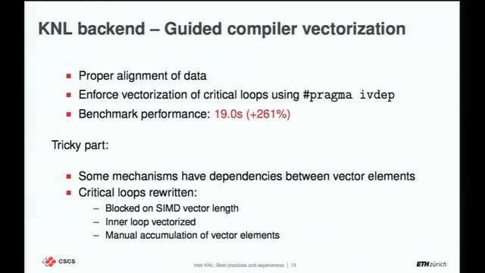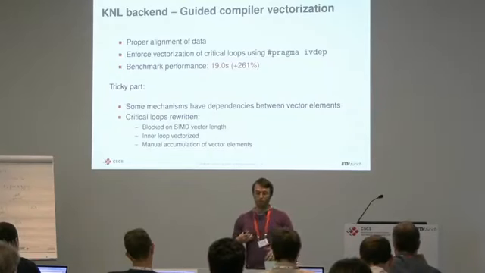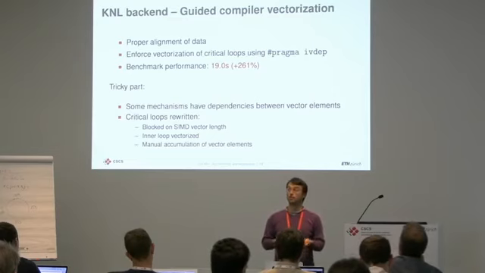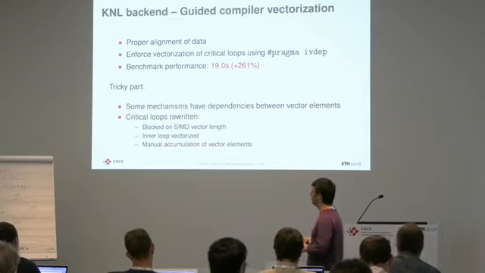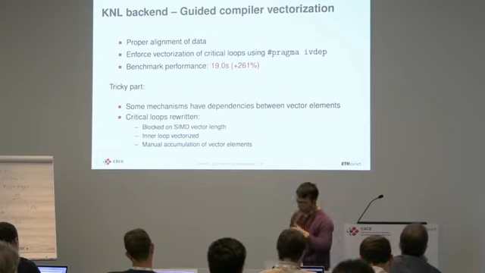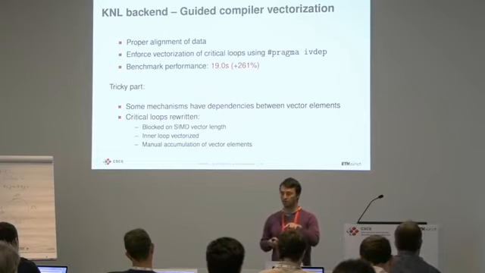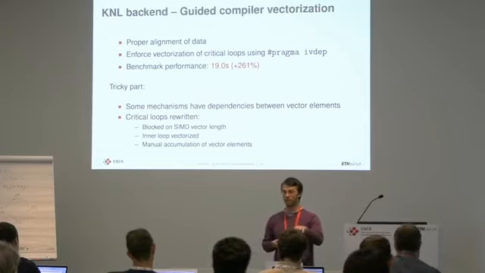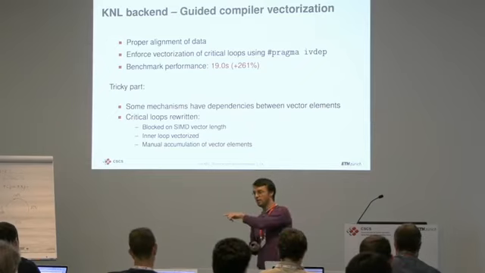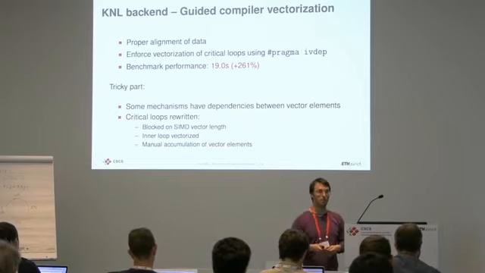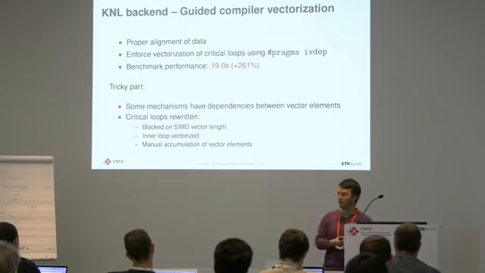So in order to guide the compiler, we basically had to change the loop. We did a kind of blocking, where we move by the SIMD vector length, and then we do a manual step of updating the individual vector elements.